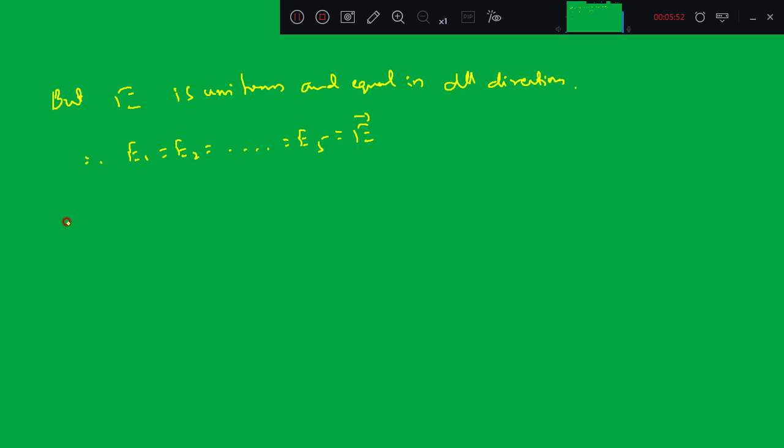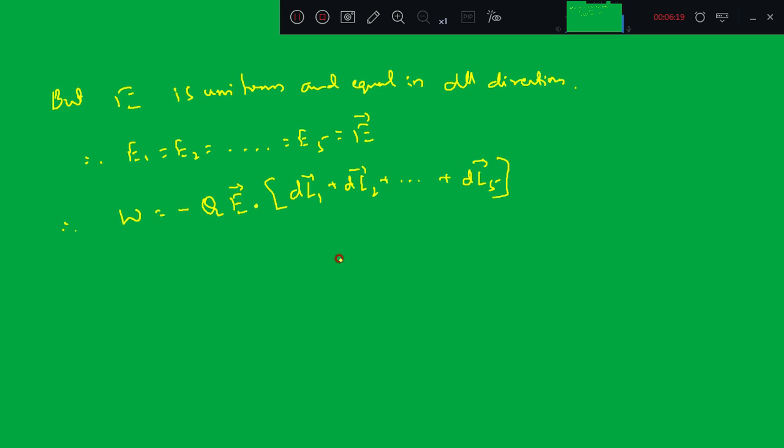Then therefore work done is given as minus Q. I will take the E component outside, E multiplied with, or dot product with, all lengths, dl1 plus dl2 plus till dl5. Okay, this is the work done.